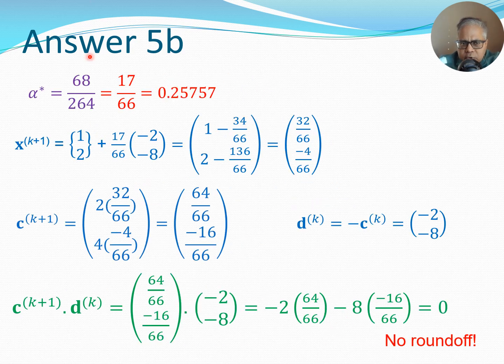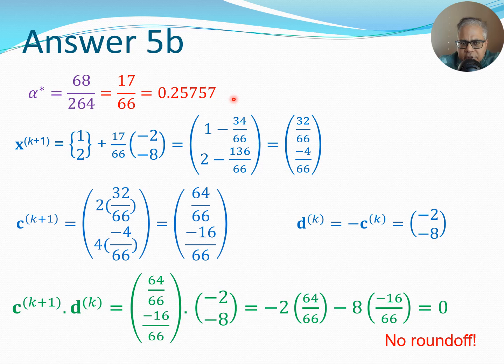So if I was to do that, instead of taking the alpha star value as 0.25757, I take it as 17 by 66. That's what I've done here. Then I would have got xk plus 1 is half plus 17 by 66 times minus 2 and minus 8. Remember, this is dk, this is xk, and this is the value which is the optimal step size.